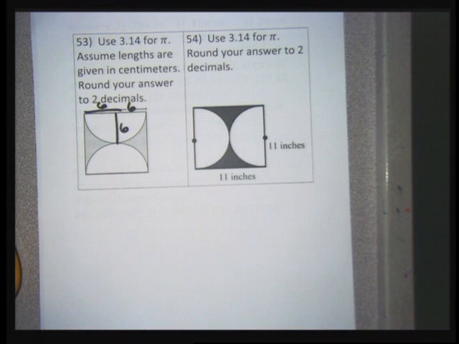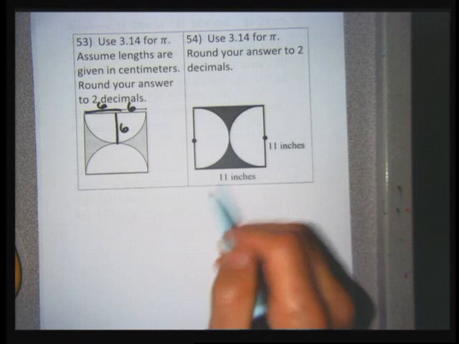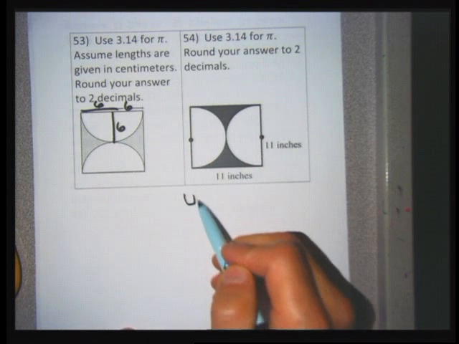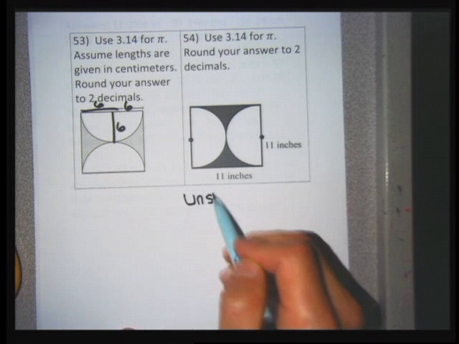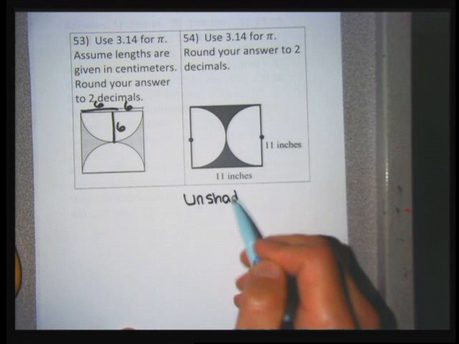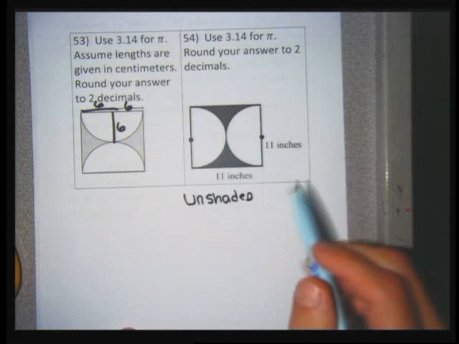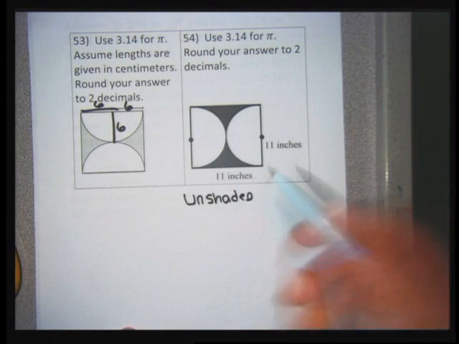Mine is similar, but mine is worse, because in mine I'll get a fraction. So what I'm going to do for the unshaded area is take these two circles and flip them together, and my unshaded area is just going to be the area of that circle. Yours too is going to be a whole circle. So you have 2 half circles, and the area of 2 half circles gives you 1 whole circle.